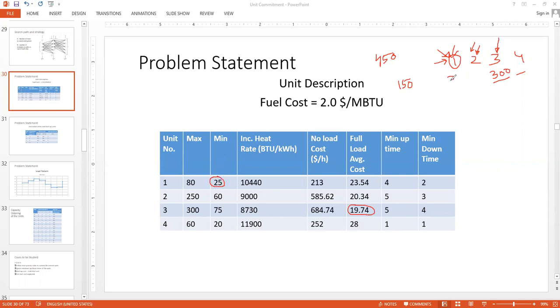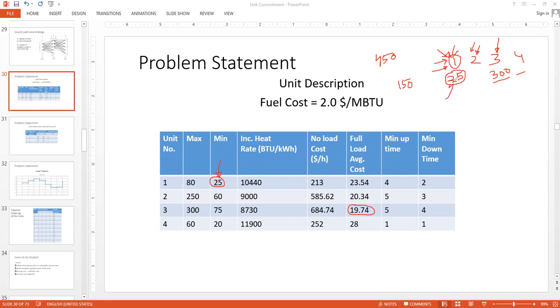Because if I take anything more than this, that will actually increase the cost. I have to pick the minimum, otherwise I cannot run unit 1. If I decide to run unit 1, I have to at least take the minimum. Here I'm going for the minimum, because anything more will increase the cost.